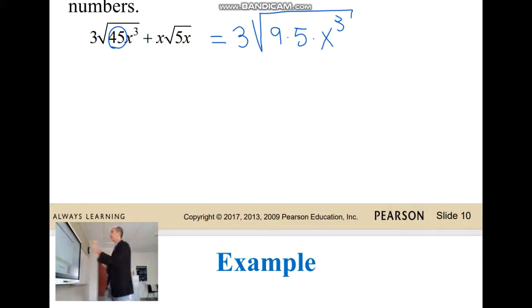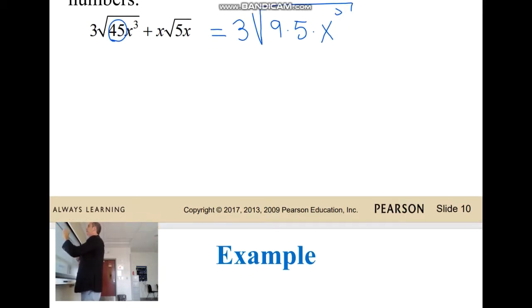And actually, instead of x cubed, let's write x squared times x. So we can simplify. Okay? Plus x square root of 5x.